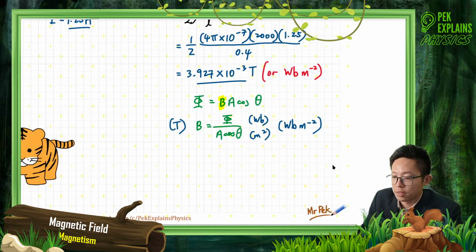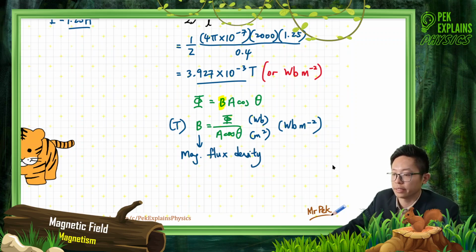That's why this is called magnetic flux density, because it's flux divided by area.